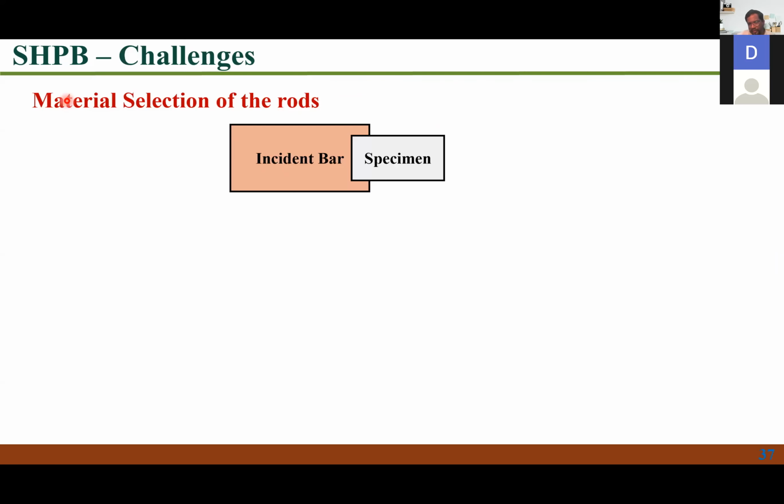When you design the split Hopkinson pressure bar setup, we need to be very careful about a lot of factors. First of all, the selection of the rods has to be proper. We need to have very high strength bars, so that when this is happening, there should not be any indentation on the specimen-incident bar interface as well as on the transmitted bar interface.